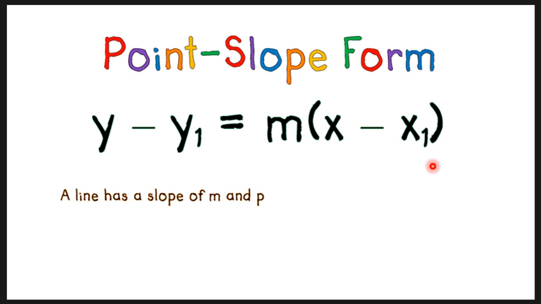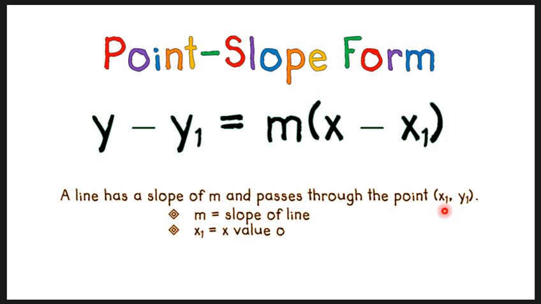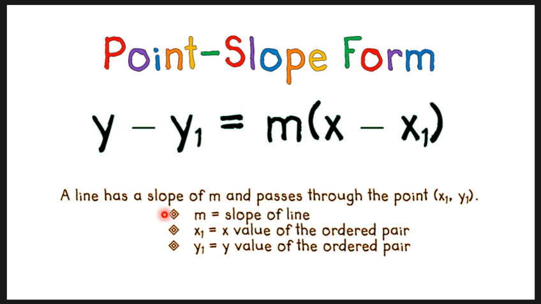A line has a slope of m and passes through the point x sub 1, y sub 1, where m is the slope of a line and x sub 1 is the x value of the ordered pair, and y sub 1 is the y value of the ordered pair.